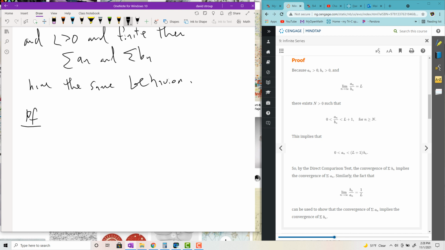I will suppose the same elements. So suppose the terms of the first series are positive and the terms of the second series are positive, and you have this limit holding: the limit as n goes to infinity of a sub n over b sub n equals some number L, which is greater than 0 and finite.